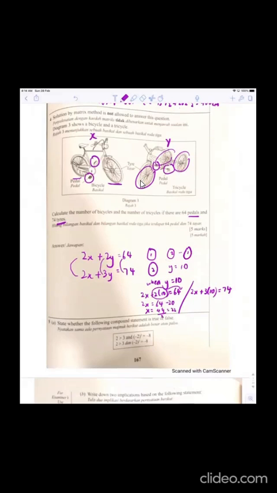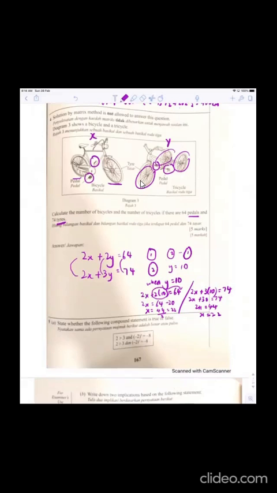So let's see the other equation where we substitute the 10. 2x plus 30 equals 74. So 2x equals 74 minus 30, so 44. So x equals 22. Okay.